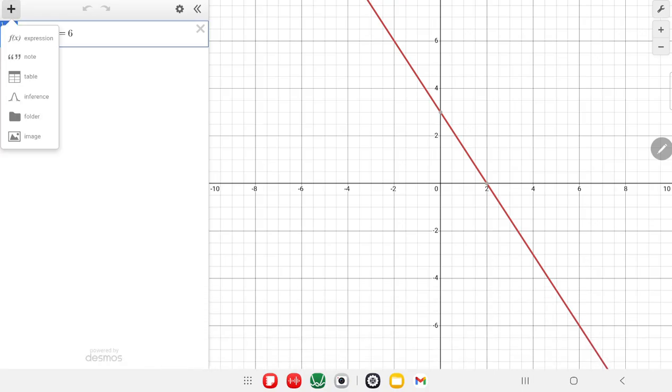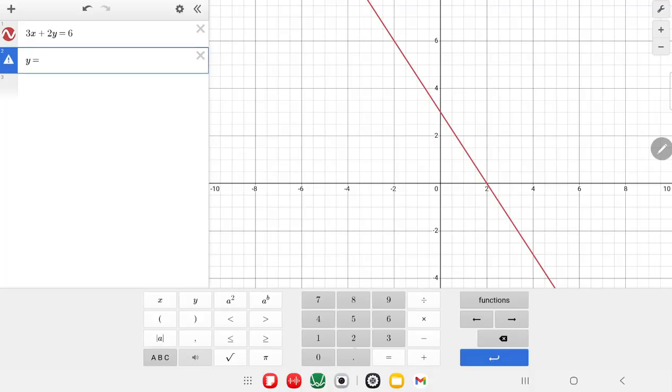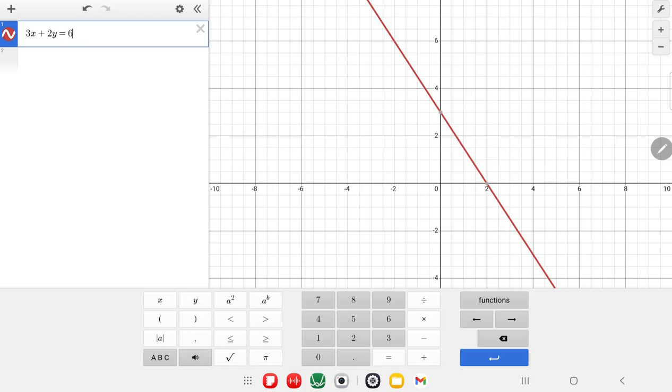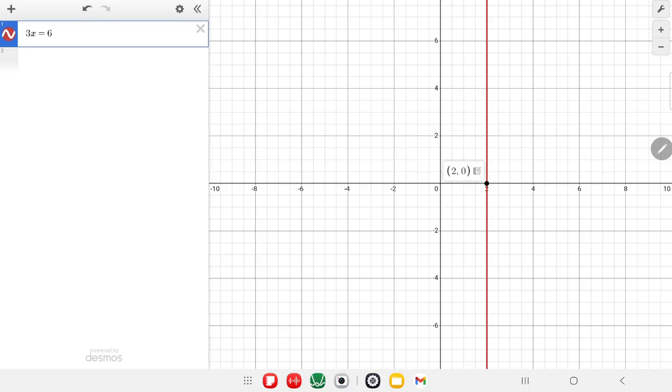If y equals 0, then it becomes x only, a straight line, and 2, 0 is the point of intersection.